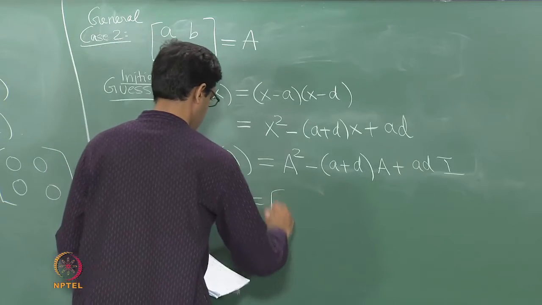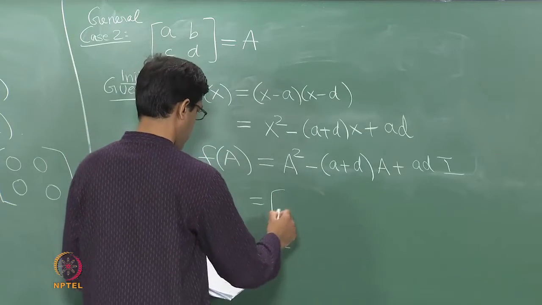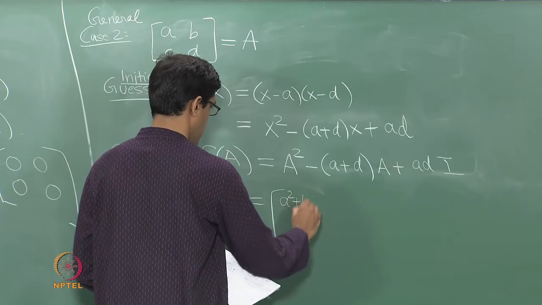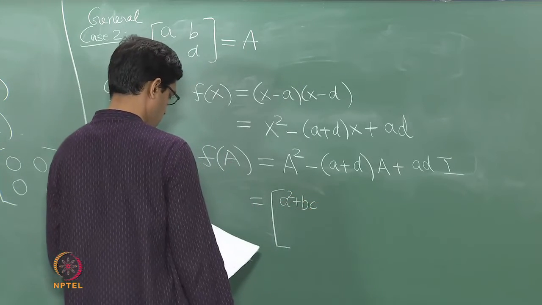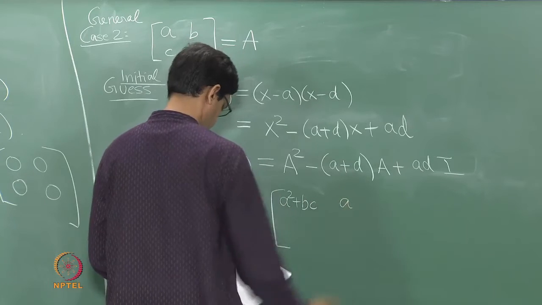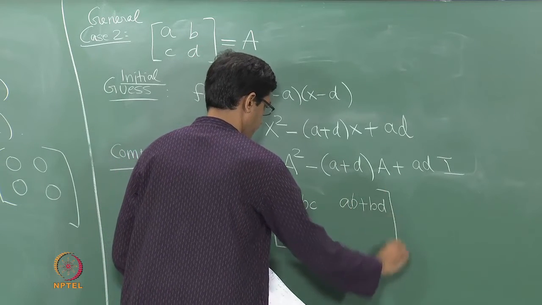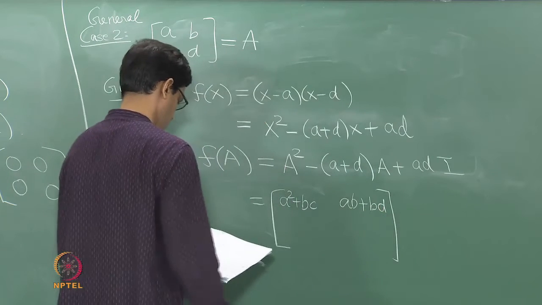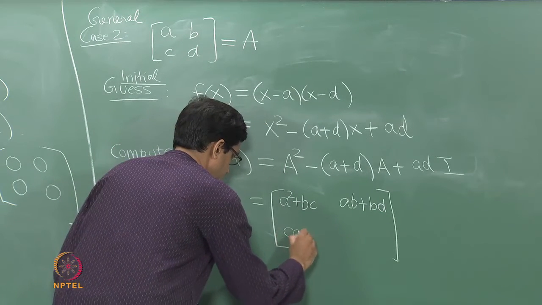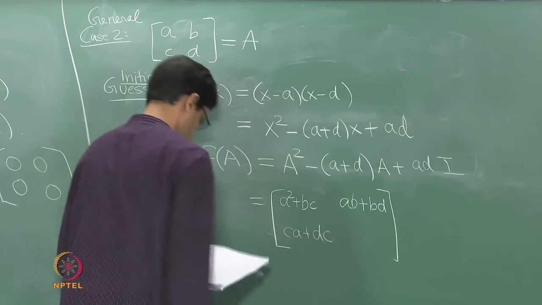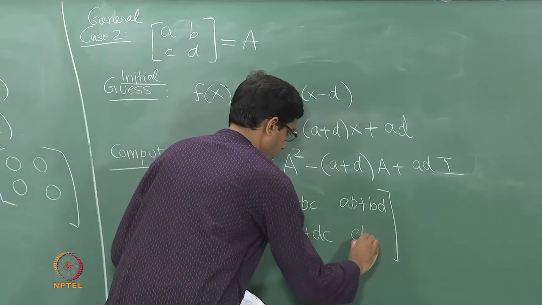So let me write out some of the terms. This looks like a squared plus bc, you should certainly check that this calculation is okay, ab plus bd, ca plus dc, and cb plus d squared.